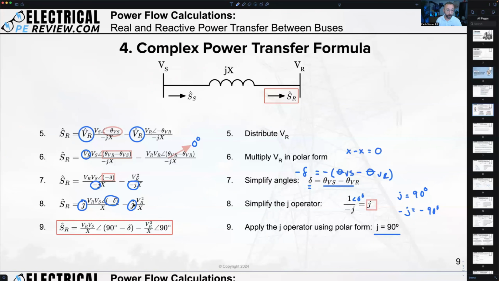And then over here, all I have is 90 degrees. So the square of the receiving voltage magnitude divided by the reactance at an angle of 90 degrees. And that's it. We just derived the complex receiving power all the way from the standard complex power formula.